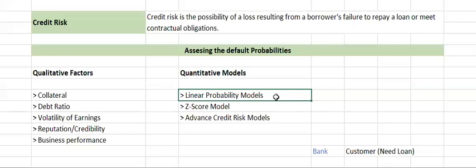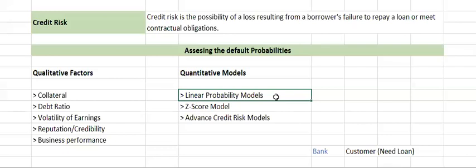So in this lecture, we just discussed the definition, some factors that affect credit risk, and quantitative models to measure credit risk.